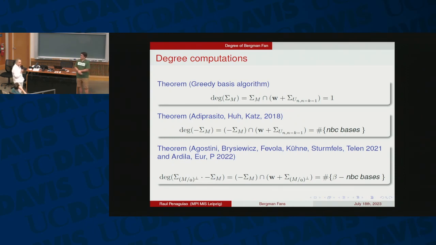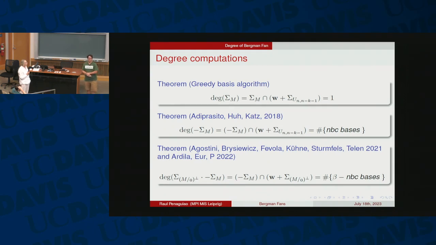I think we have time for one more question. Yep. So the NBC bases give you the Möbius function for the lattice of flats. Is there an easy function on the lattice of flats that gives you the beta NBC bases? So the question was, the NBC bases give you the Möbius function on the lattice of flats. What does the beta NBC basis count?